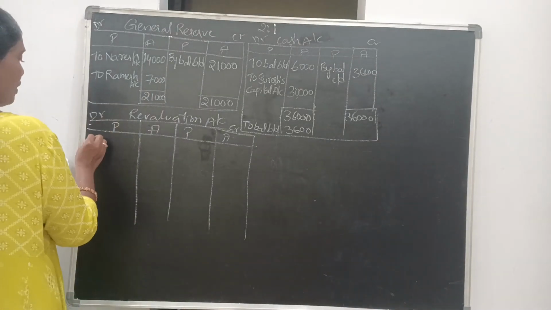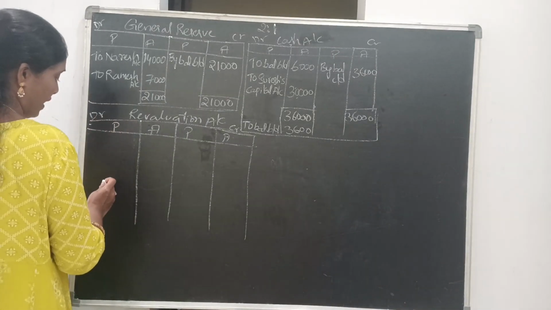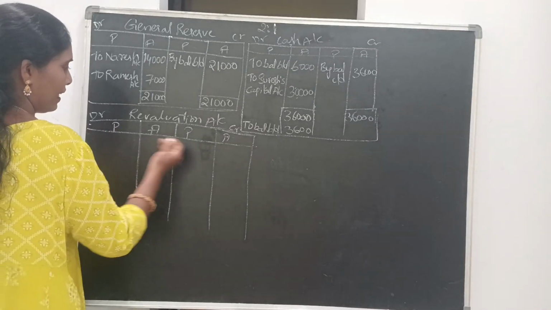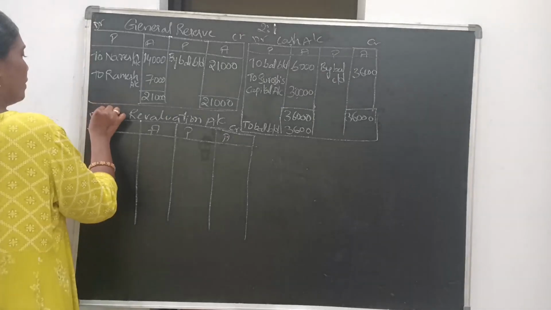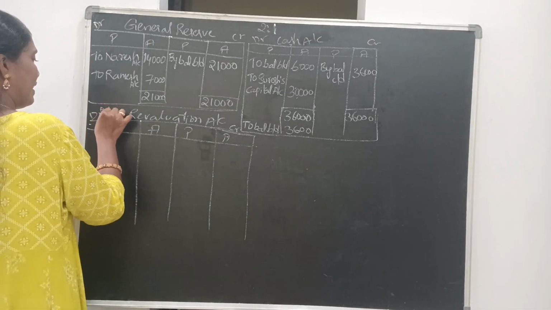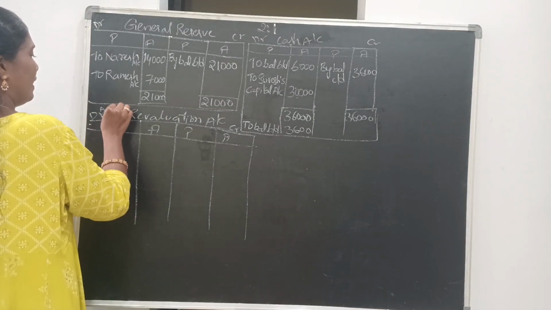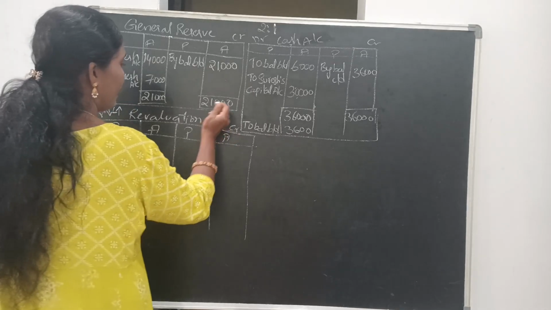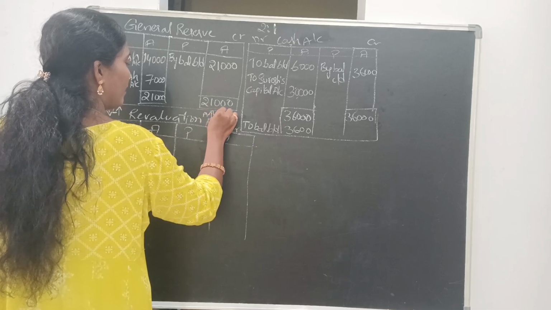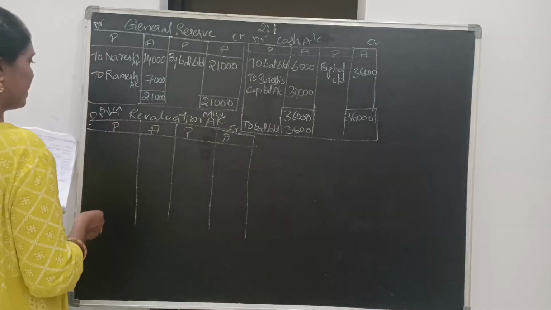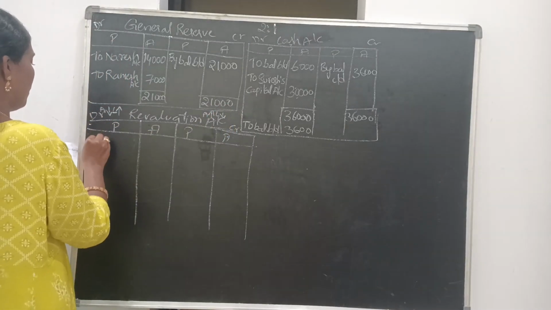So depreciation, always write in the debit side and appreciation in the credit side. I told you, asset decrease, debit side; liability increase, debit side. And here, asset increase and liability decrease, so credit side. This is a nominal account, you know that.